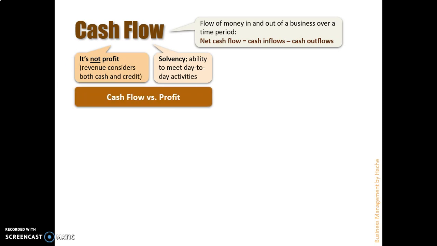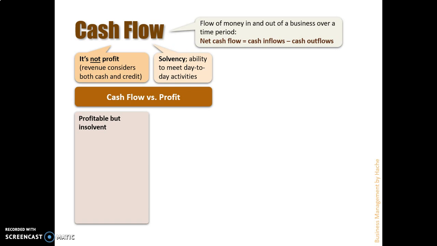So, based on this consideration, we use cash flow and profit to understand what's going on with our business in terms of profitability and solvency. For example, the business can be profitable, okay, good, they have a good level of sales, they are keeping their costs low, so they have some good level of profit, but it can be insolvent even though profitable.